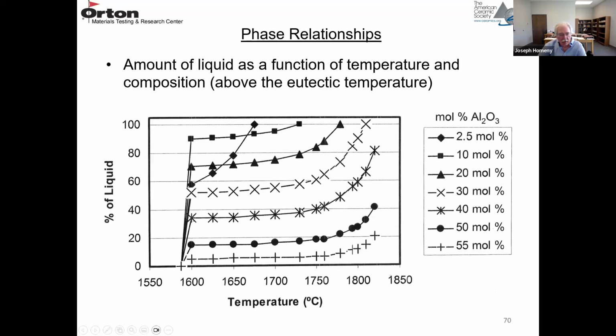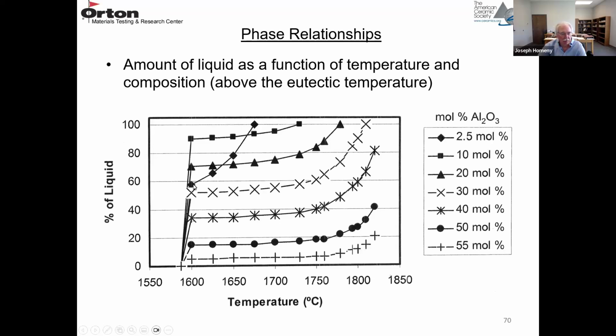40 mole percent, the amount of liquid increases, and so on, 30, 20, and 10. And you can see at the low alumina content, as soon as you hit the solidus curve, you're going to have a great deal of liquid present. And then this one here is 2.5% alumina.